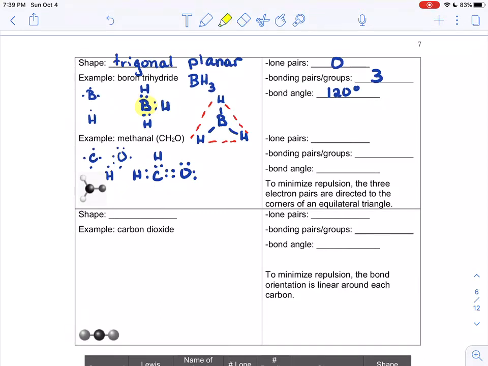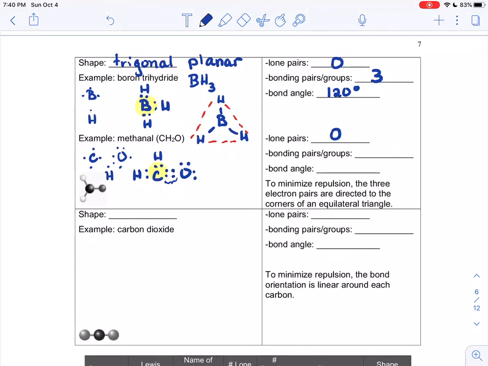Again, I look at my carbon, my central atom. I know that there's lone pairs around the oxygen, but those are not the ones I care about. I care about my central atom. Here I can see that there are 0 lone pairs, and there are 3 bonding groups. A double bond, so 2 sets of electrons, is still 1 bonding group.